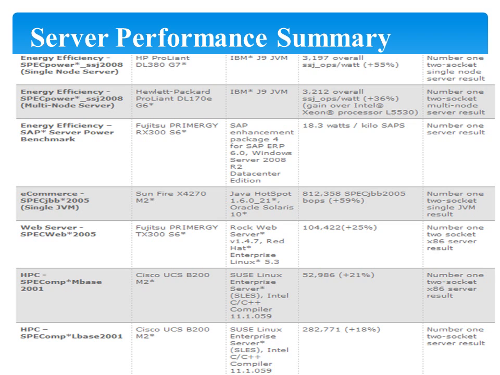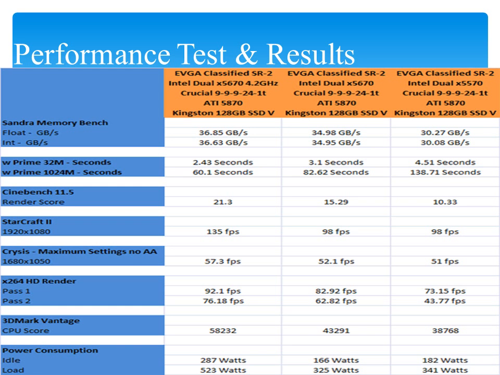These are different platforms we can see. And here is the Intel Xeon X5570 processor with another processor. You can clearly observe the difference. Here we took two processors, X5670 and X5670 at 4.2 GHz. We compared with these processors and we found these results.